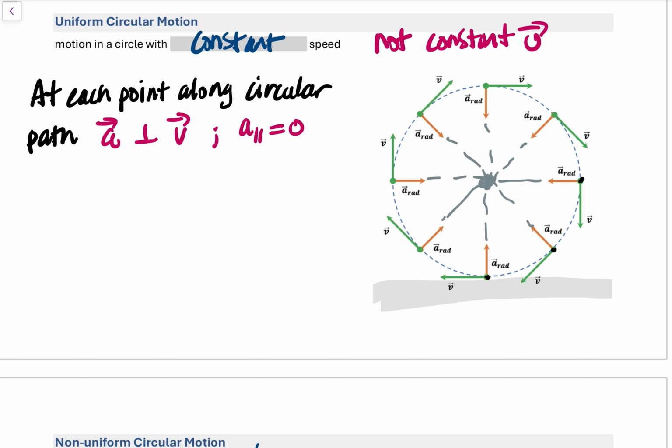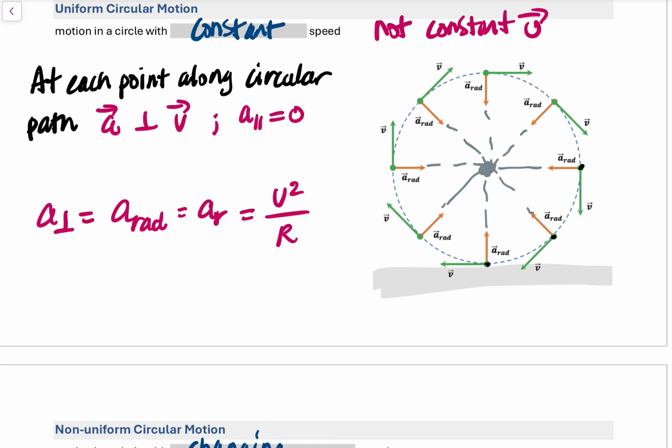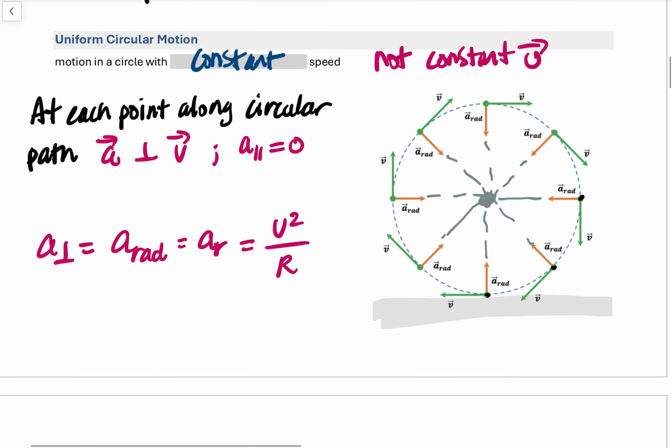So a perpendicular is what we call a rad. Sometimes you'll just see this as a sub r. I'm going to write all of the variations here. These are all the same thing: a rad is equal to a sub r. And we do have a little equation. We'll talk a little later about where we get this equation, but I do want to introduce it now.